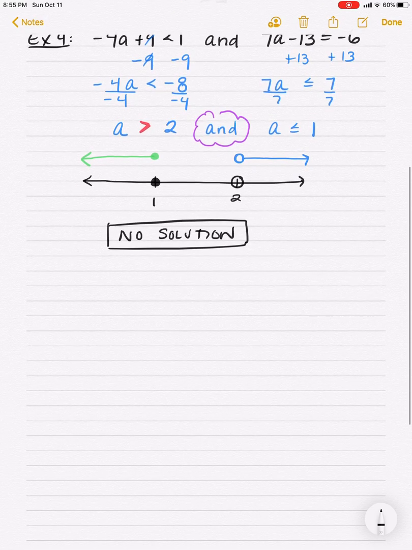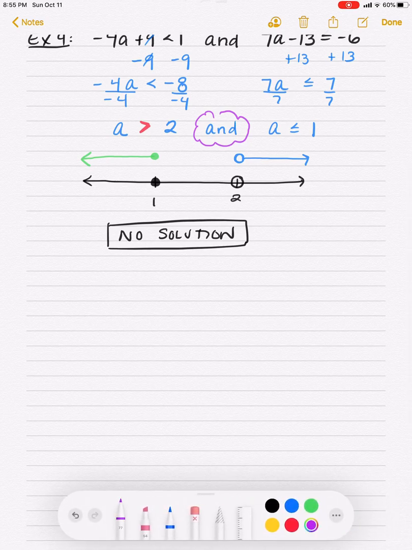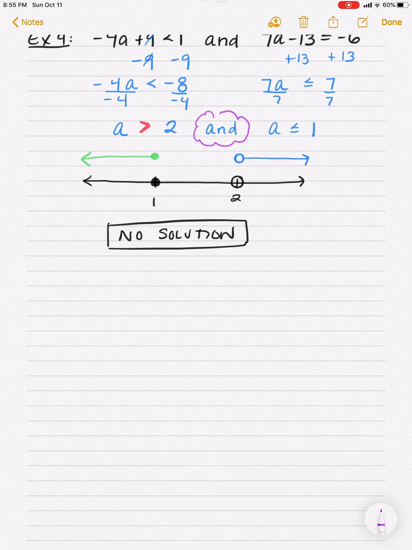Okay, so what we're going to do to end these notes is, we've got so many little things that we have to remember about open circle, closed circle, brackets, parentheses, but the most important part is we need to remember the difference between an and and an or. When we have an or, your solution is the combined sections of both inequalities.